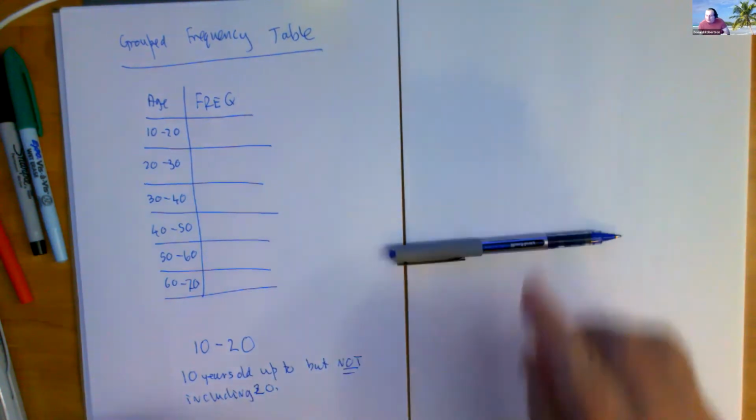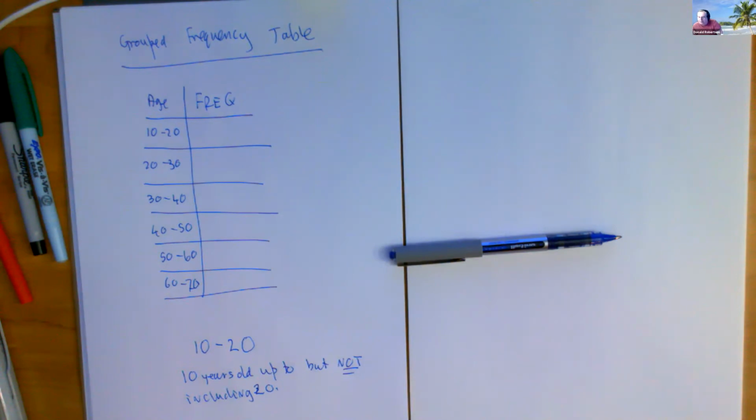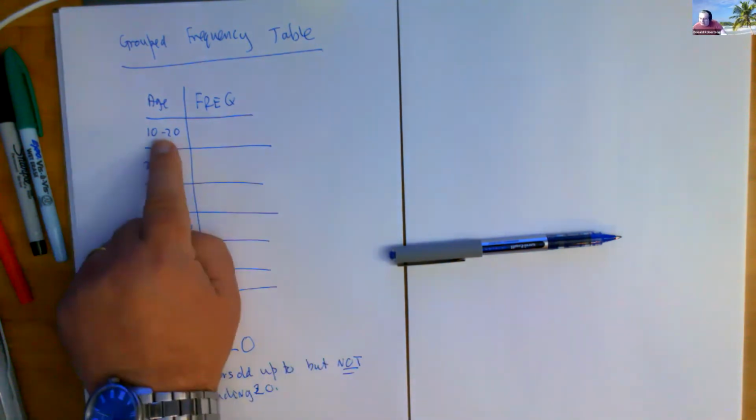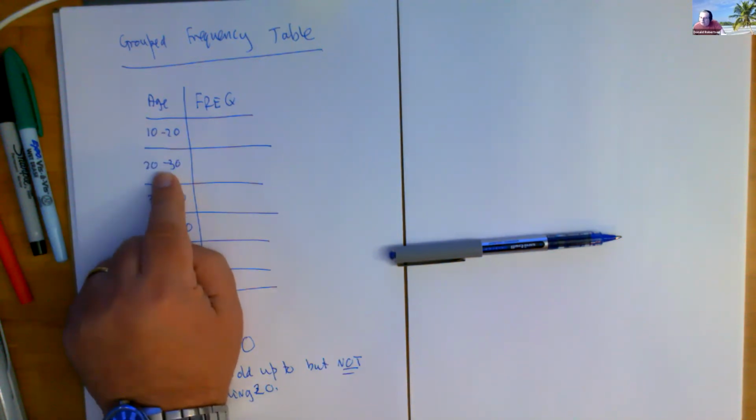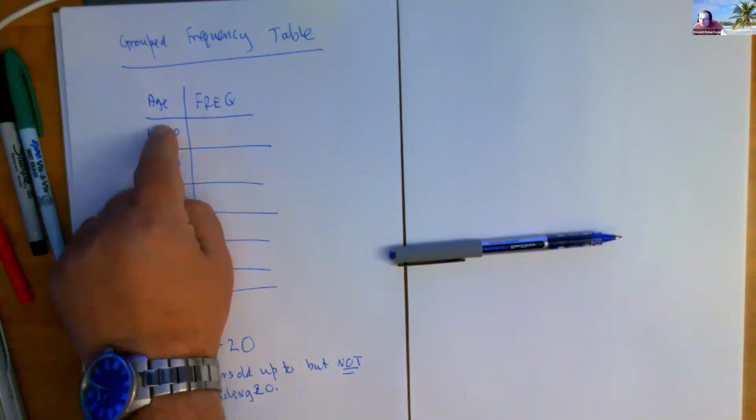So if you're 19 years and your birthday's tomorrow, you're in this group. So if you're 19 years, 364 days, you still belong in the first group. If you've had your birthday today and you just turned 20, do you see you now belong in this group? So that's how we organize.